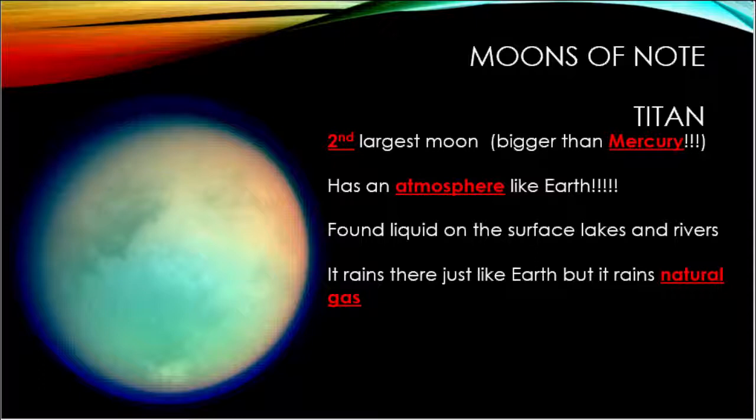So, on your worksheet, Titan is the only moon with an atmosphere and rain. The temperature is about negative 179 degrees Celsius, so it's extremely frigid there.